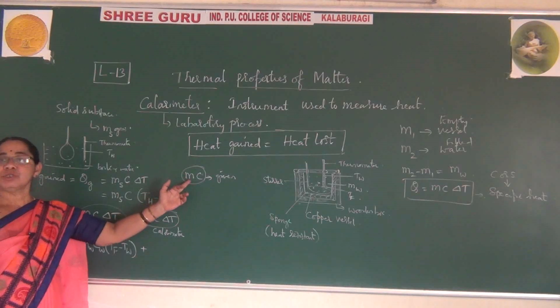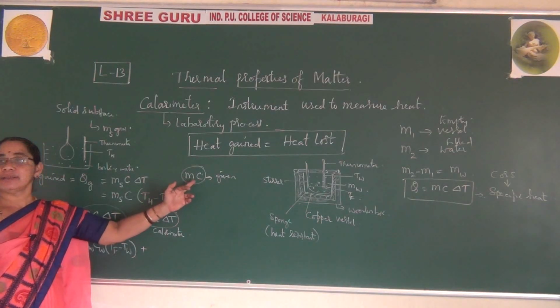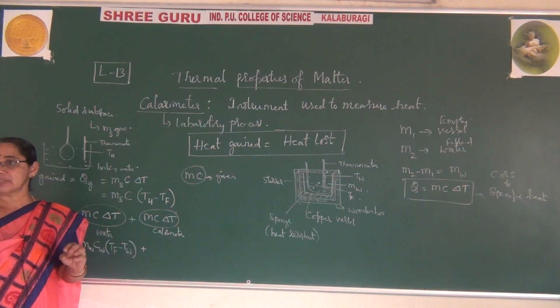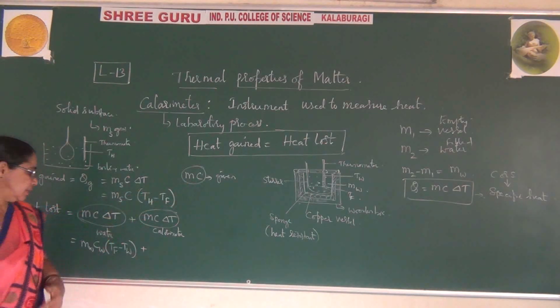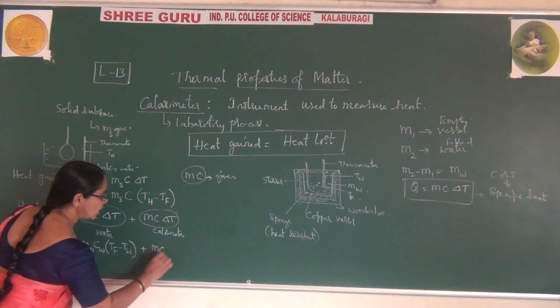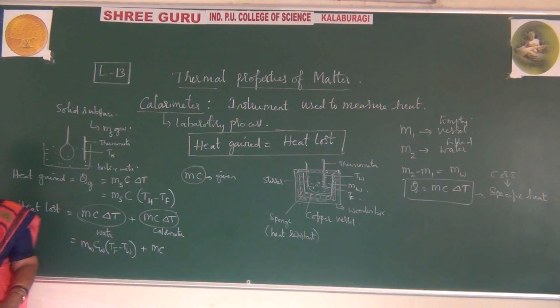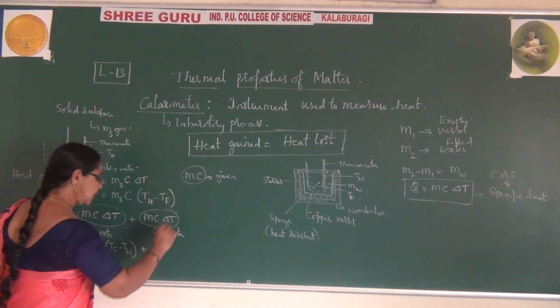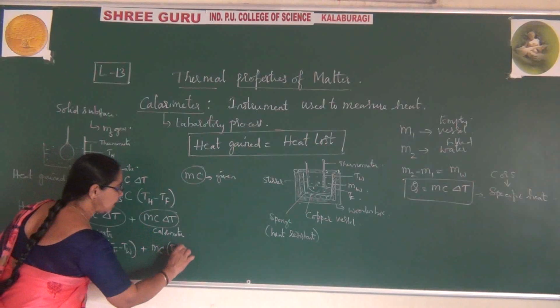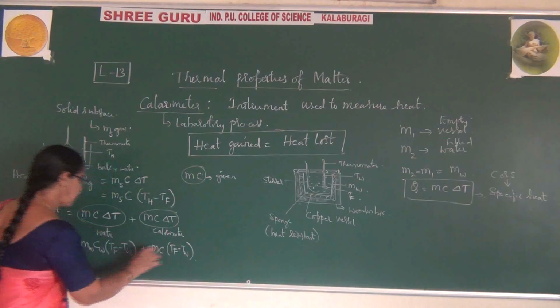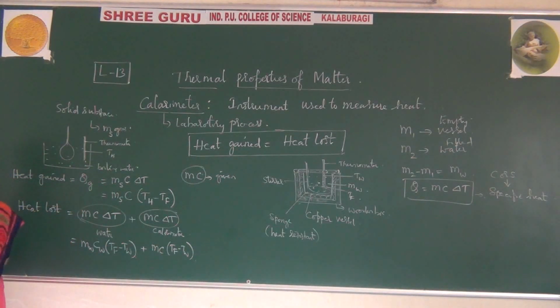What is the value? M into C, the mass of the calorimeter and its specific heat. What is delta T? Delta T is the rise in temperature. Again, the final temperature is T_F, and earlier it was T_W. So this is one formula we have.